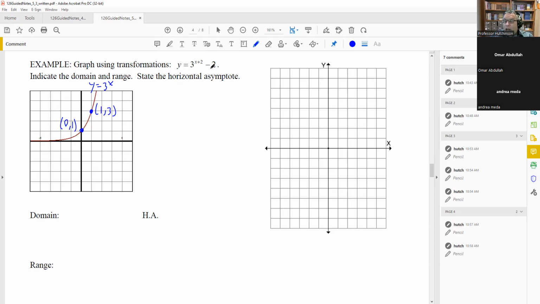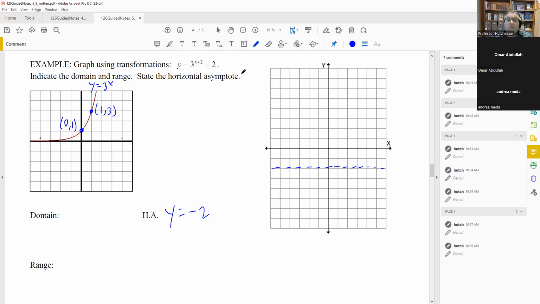Okay, so now that we have that, we're going to look at what this is doing. Now we have two different things going on here. First of all, we've got a -2, which means that the horizontal asymptote that was normally at 0 is now going to be at -2. So we just put that in there, y equals -2 for the horizontal asymptote.